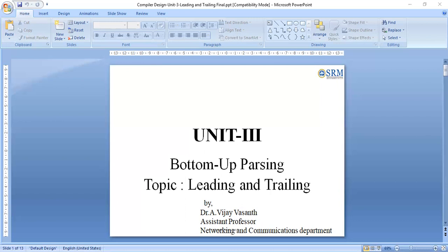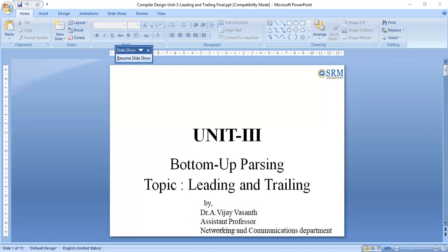We will see the definition of leading and trailing. These definitions are used for construction of the operator precedence parsing table.